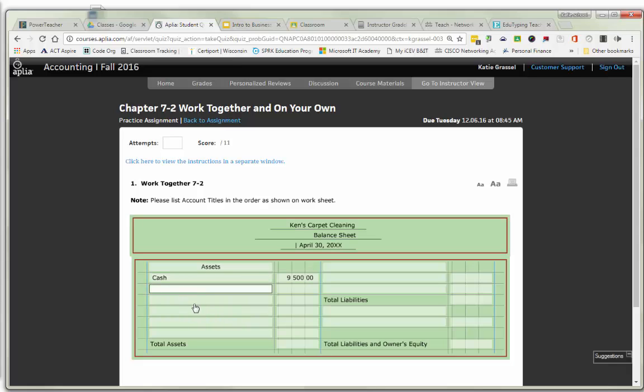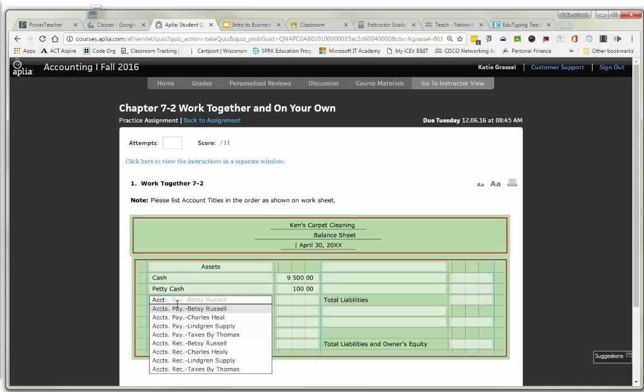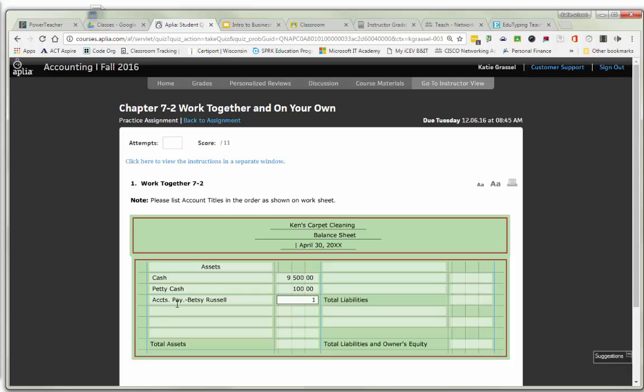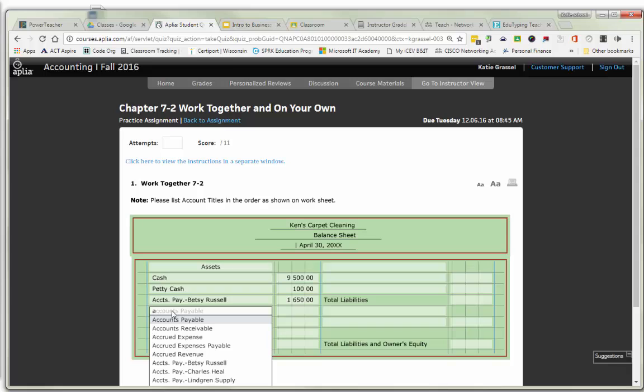So I'm going to go through and just fill in my assets. I'm going to do petty cash right below cash for 100. Below petty cash is going to be accounts receivable, Betsy Russell, for 1,650. Then I'm going to do accounts receivable, Charles Healy.